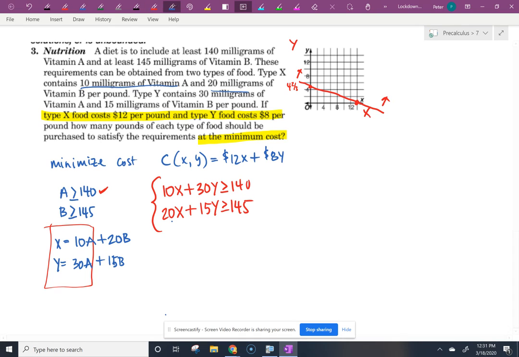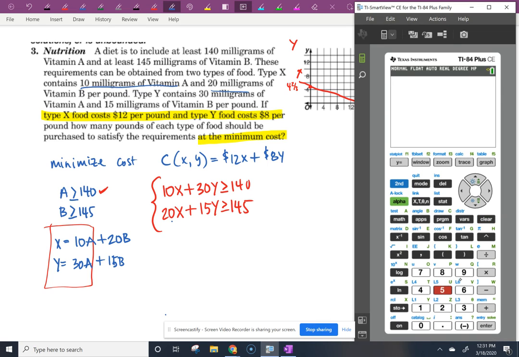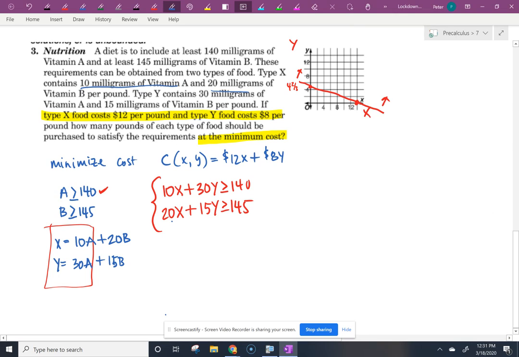All right, what about the other line? Let's find the intercepts for that. If I make y 0, then 145 divided by 20 is 7.25.